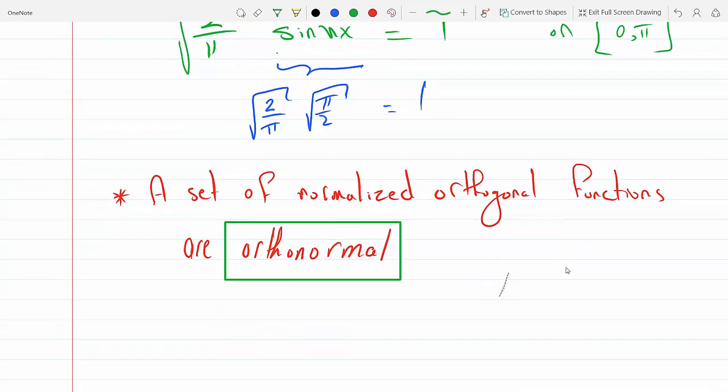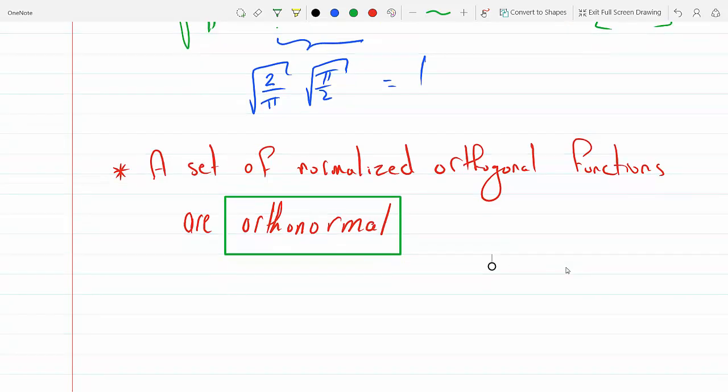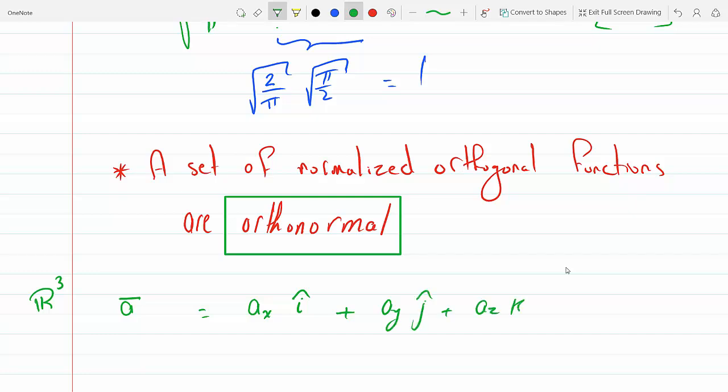This is sort of talking about i, j, and k, the basis unit vectors, which are orthonormal functions, meaning you could take any vector in 3D and express it. So if you take vector A, in R3, since i, j, and k are orthonormal, you could take any vector and express it as components, one along the i, another along the j, and another along the k.